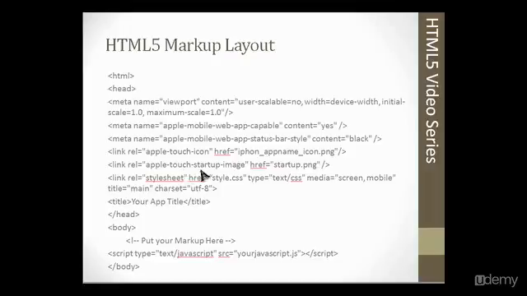And then we have the Apple touch startup image, which is a URL pointing to the startup image, like the splash screen or startup screen. And then we just link our CSS files. We want to add these media, screen, mobile, and we want it to be able to detect what browser it is, or if it's a mobile device, and if so, is it an app, is it an iPhone.